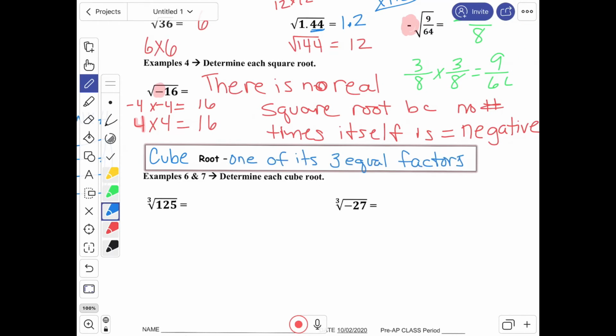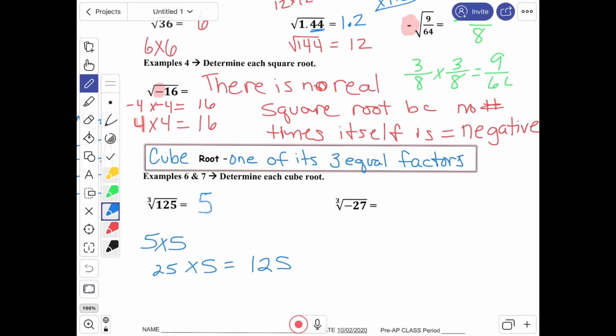So cube root is one of its 3 equal factors. For example, what number times itself 3 times would be 125? 5 times 5 is 25. Times 5 again would be 125. So the cube root is 5.